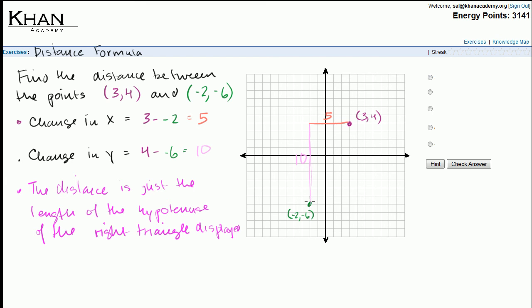And we can just, in that same color, draw the hypotenuse right there. So we could draw it in a color that makes it clear.